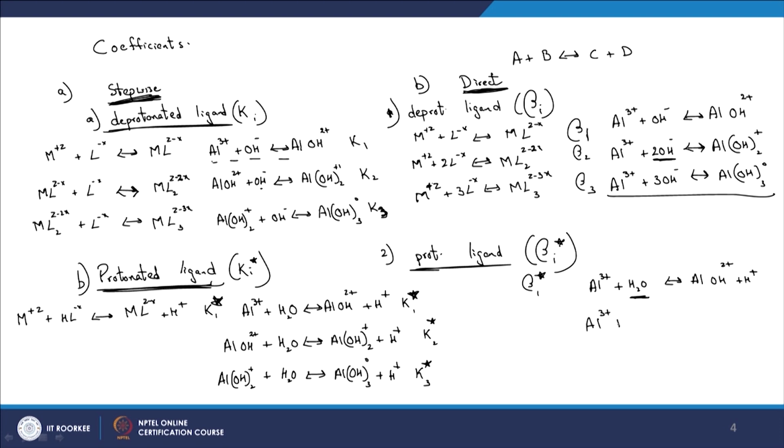What is that, or how is that? I guess that's going to be equal to 2H2O, right? And that's again going to form Al(OH)2+ plus 2H+, right?